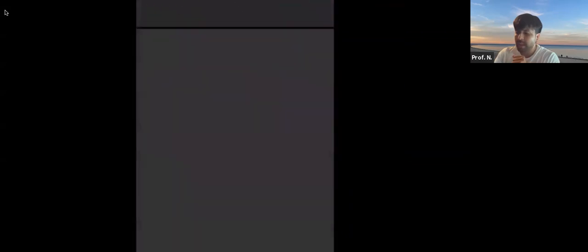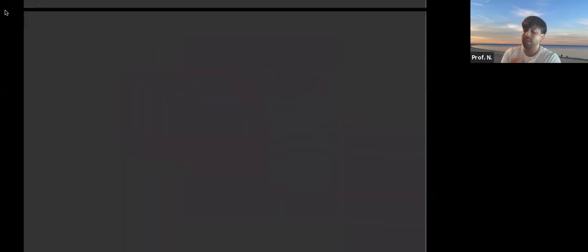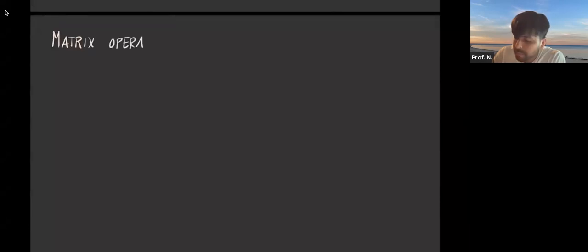Now I just want to end the next 15 minutes with more computational, more concrete stuff, and those are matrix operations. This is going to be less theoretical. These are the matrix operations that you should know when you deal with matrices. We're going to be moving away from systems, from having equations, and just dealing with matrices and more matrices.